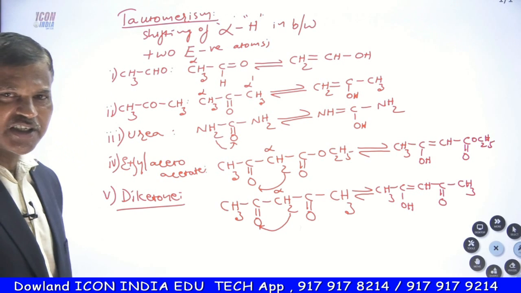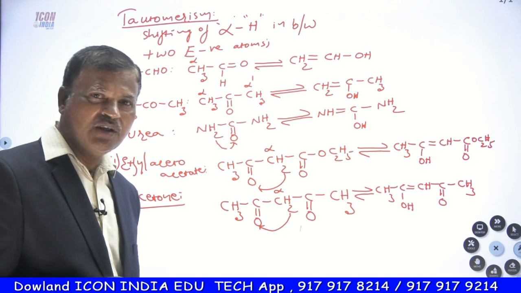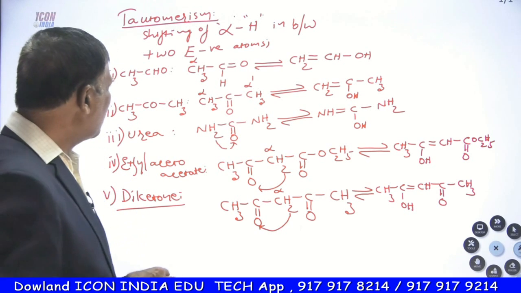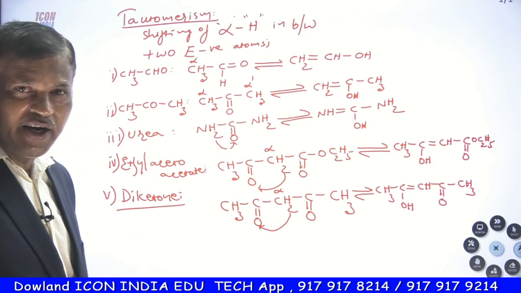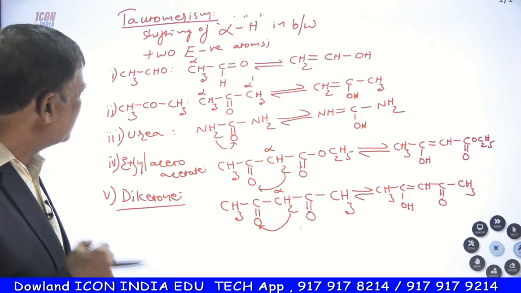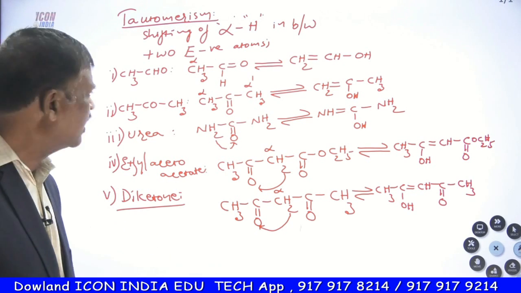What is your observation? In which case is tautomerism possible, in which case is tautomerism not possible? Here I explained 5 examples. What is the requirement to exhibit tautomerism? Which molecule exhibits, which molecule does not exhibit?